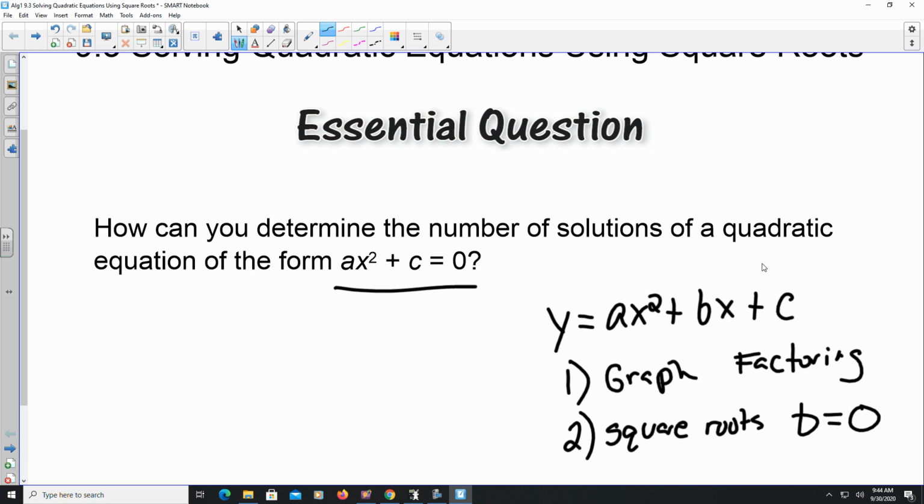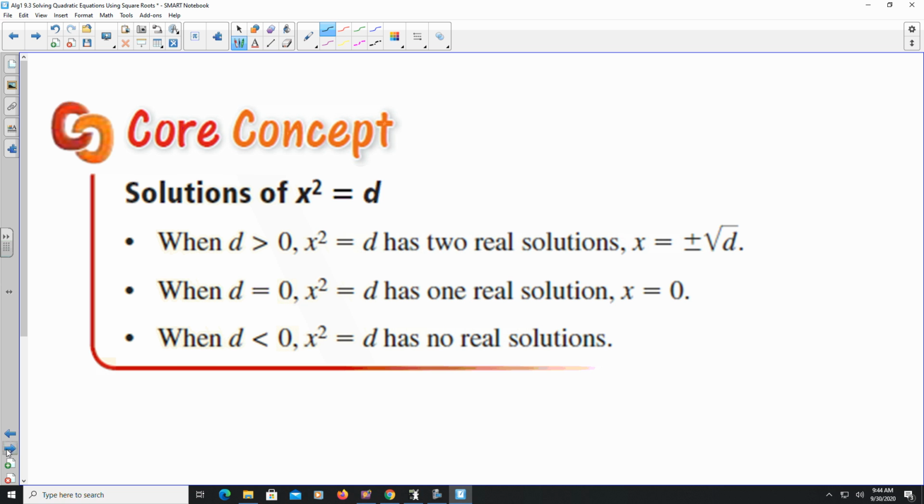B equals 0, which allows us to use square roots to find the x-intercepts. So how we do that, first thing you're going to do is isolate your square. It could be just your x is being squared, or it may be a quantity squared, whatever that might be.